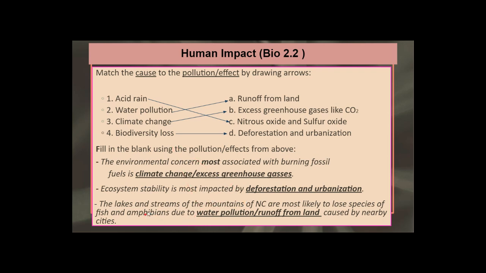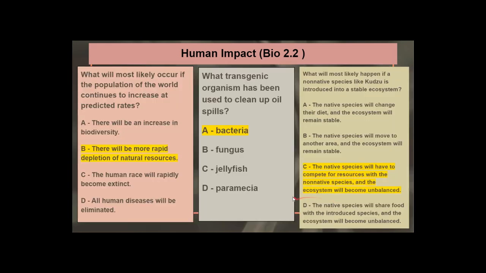In the lakes and streams of the mountains of North Carolina, we lose species because of water pollution and runoff from land from nearby cities. Human impact. So if our population keeps increasing, there will be a rapid depletion of natural resources, so we'll run out of resources.